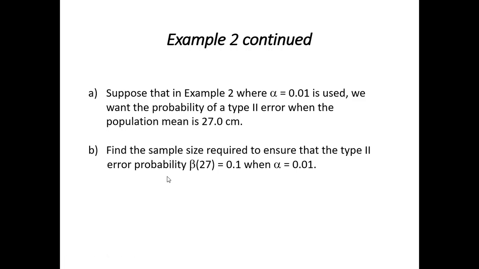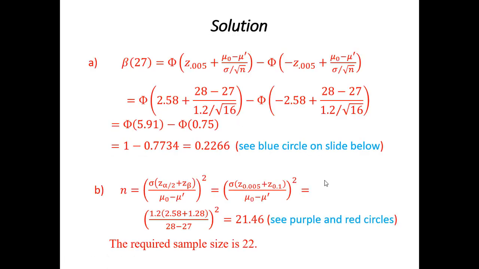Part B asks us to find the sample size required to ensure that a type 2 error probability is equal to 0.1 when, again, alpha is 0.01. Okay, so we could go back to our formulas, and again, the key here is to examine what the alternative hypothesis is.